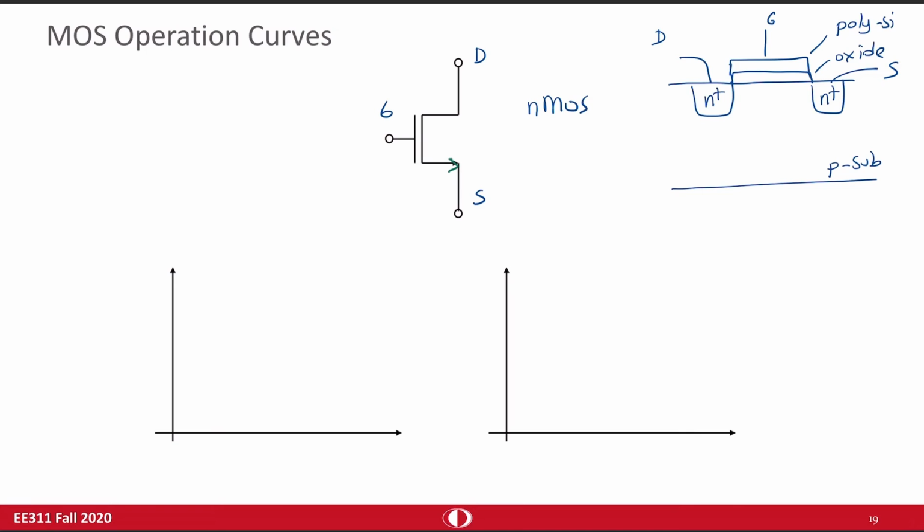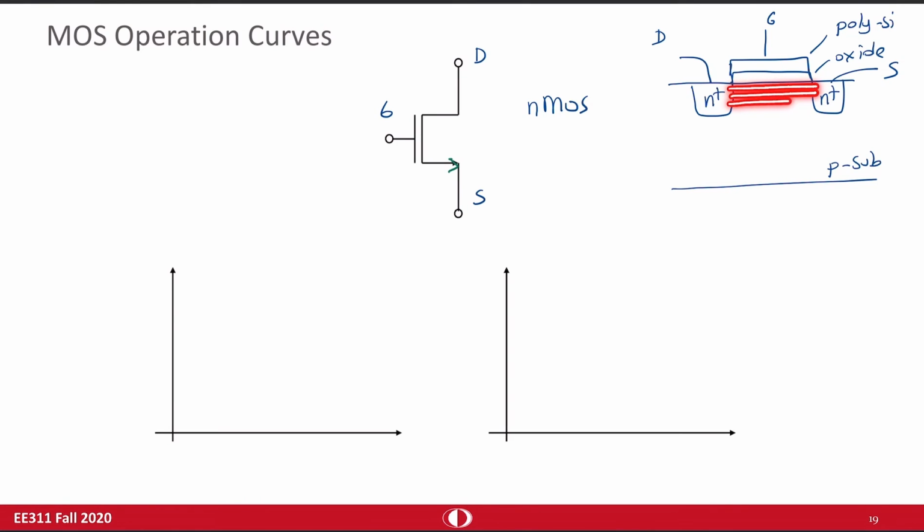In initial operation, if you do not apply any gate potential, you have two back-to-back connected diodes. No current passes. But as you increase the gate potential, you attract electrons in the P substrate to the channel surface because of the electric field shown in the previous video, and therefore you start creating some channel.